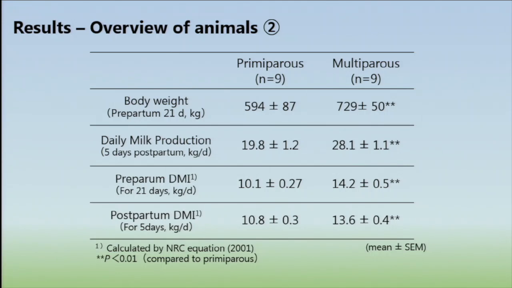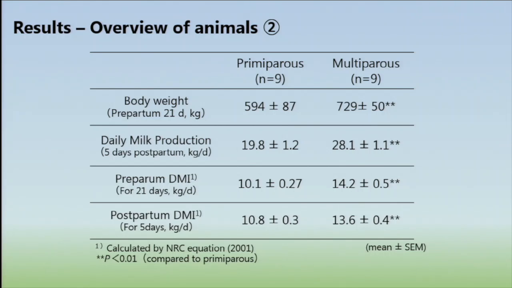Average daily milk production during 5 days after calving was 19.8 kg per day in primiparous cows and 28.1 kg per day in multiparous cows. Prepartum and postpartum dry matter intake were calculated from the appropriate equation of NRC.